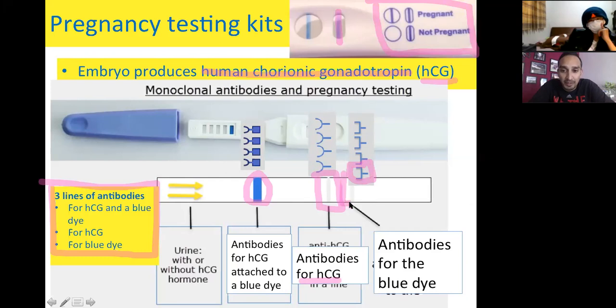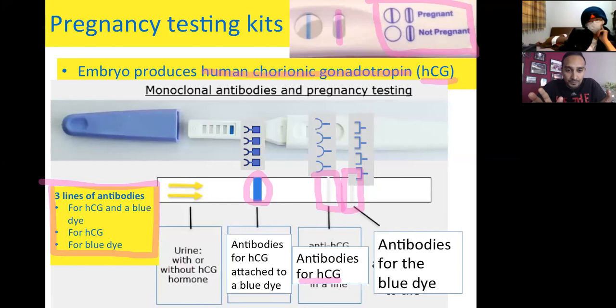There's another blank line here that doesn't have any color, and it has fixed onto the strip these antibodies for blue dye. The whole idea of antibodies is to attach to their proper antigen. So we have antibodies for the dye, and antibodies for the hormone attached to blue dye.